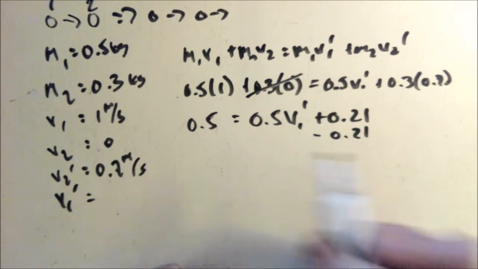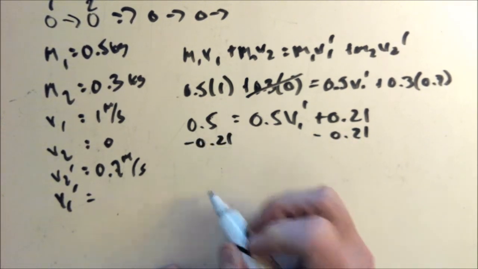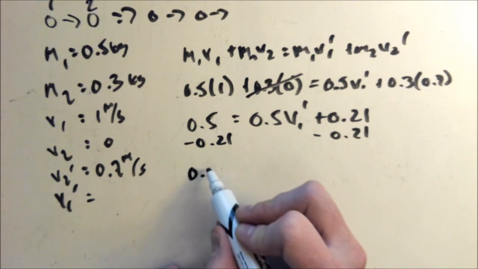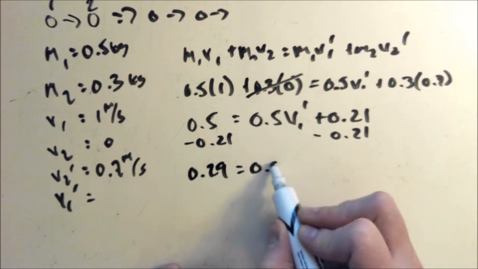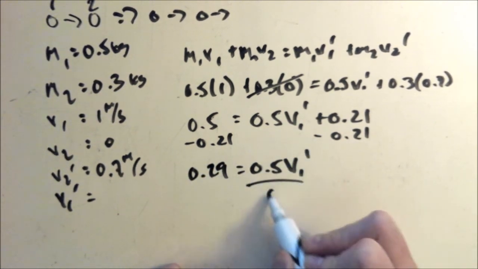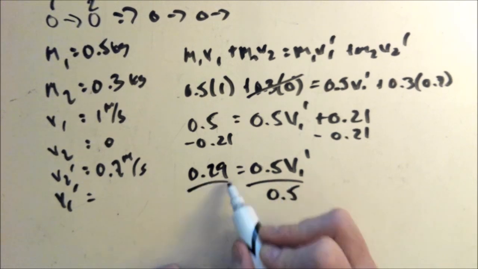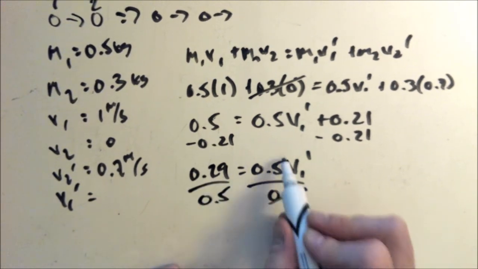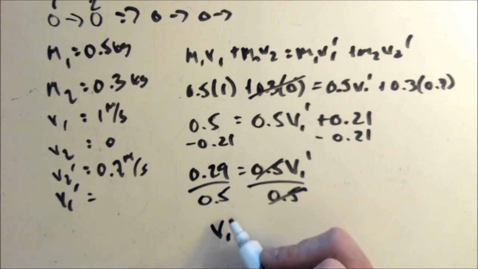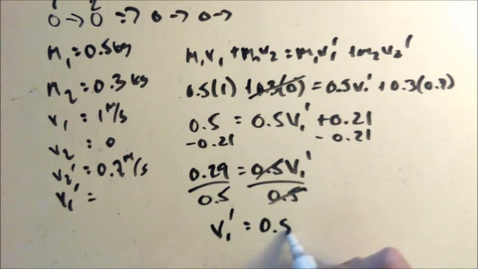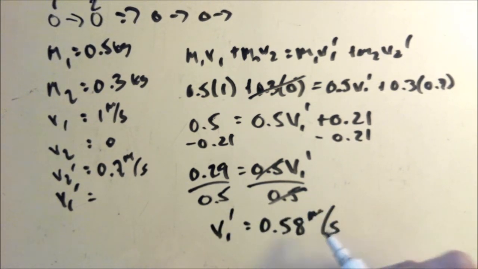Subtract 0.21 from both sides, and we have 0.29 equals 0.5 V1 prime. If we divide both sides by 0.5, or multiply by 2, same thing, we end up with a V1 prime of 0.58 meters per second.